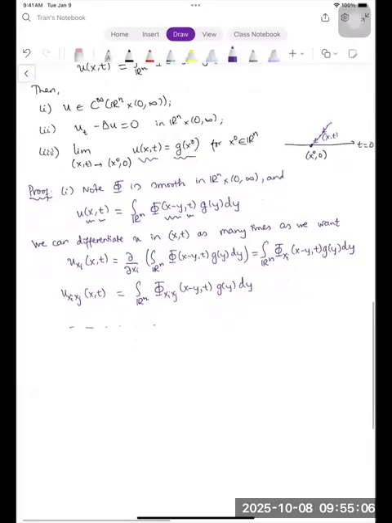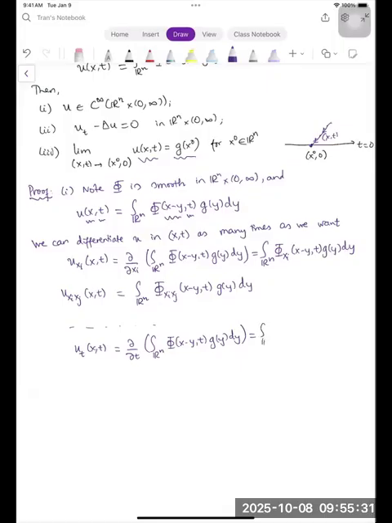And similarly, I can differentiate in t, right? So I have u_t of (x,t) equals del over del t of this integral. And again, I can put the derivative inside, and t also just appears on phi, the fundamental solution.